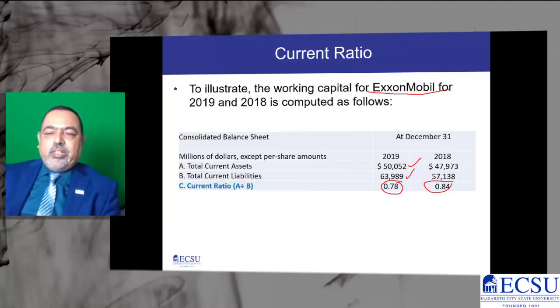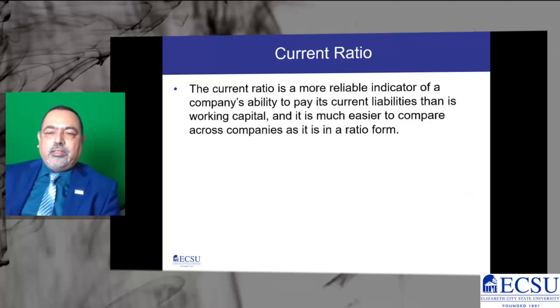Of course, as you can see, the higher the current ratio the better, so it means in 2018 it was better than 2019. As the year progressed to 2019, the company is not doing as well as it was doing last year.